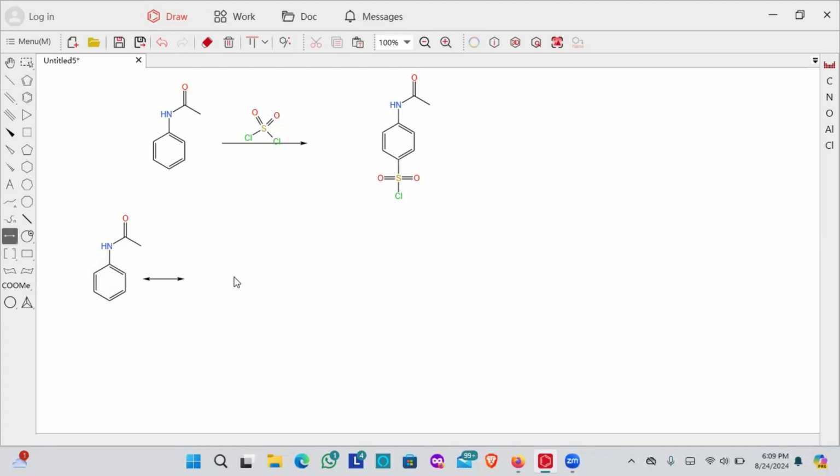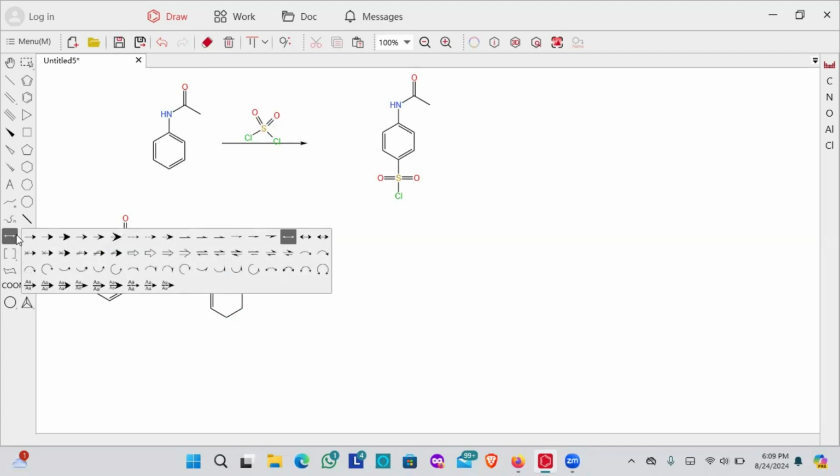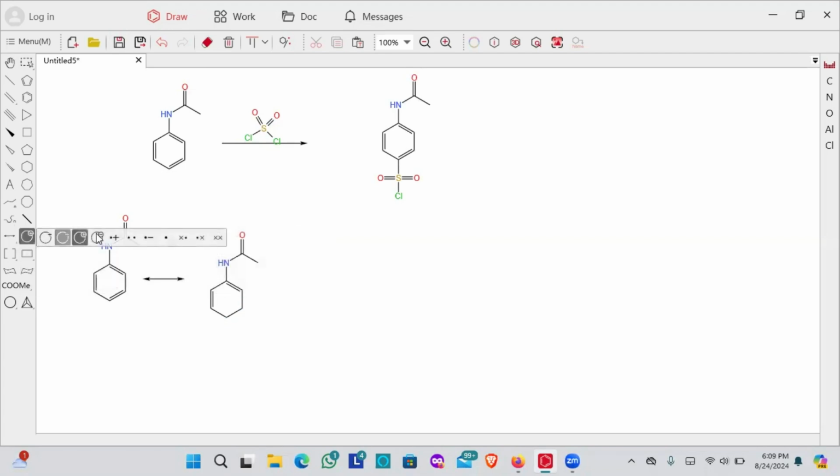Just put another copy here, remove the double bond and show the electron pair with its negative charge, as well as a positive charge on this carbon.